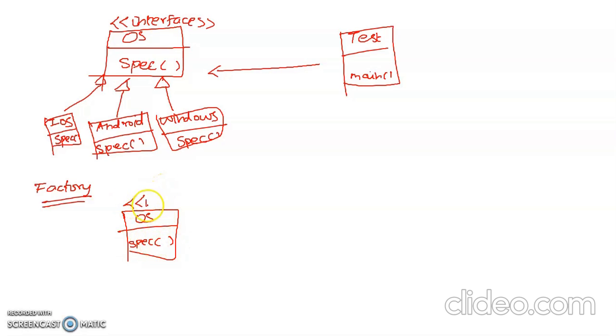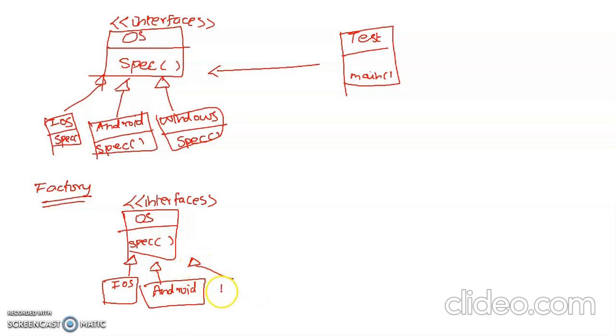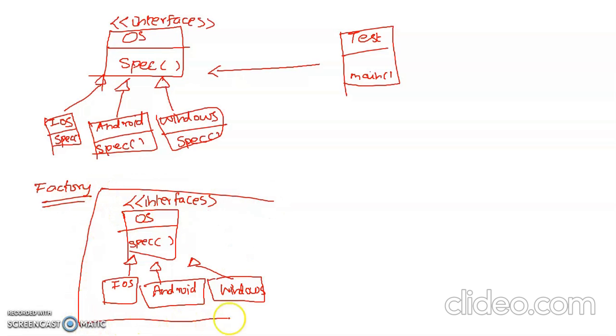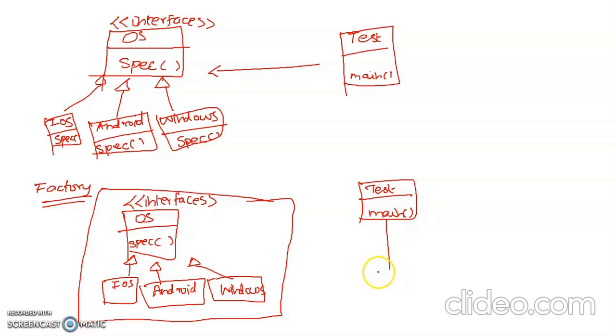This is an interface. Similarly, we'll have iOS, Android and Windows. Okay, we'll have separate classes, and we'll have a main method, that is the client, and we are going to use a factory class.